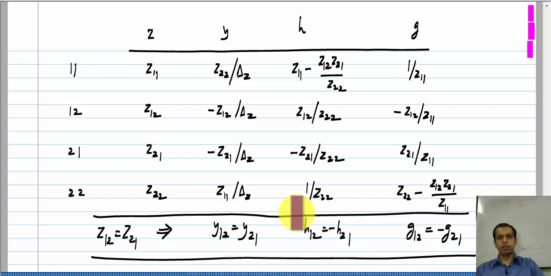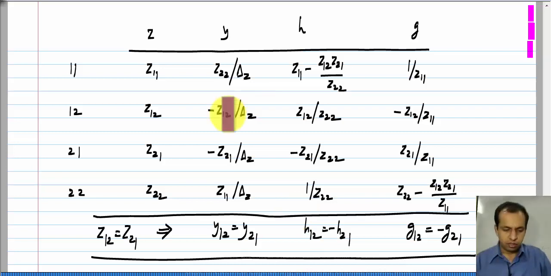Okay. Now, one more thing I want to point out is that again, let us say z12 happens to be 0, that is there is no reverse transmission in z parameters. Then that means that the reverse transmission parameter, regardless of which one you choose, y12, h12 and g12 will all be 0. Okay.